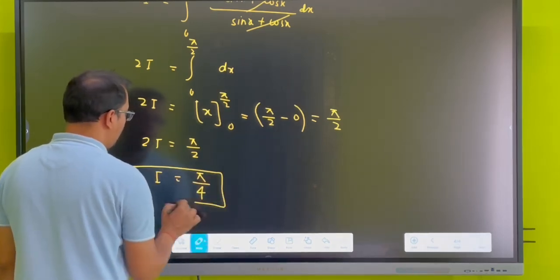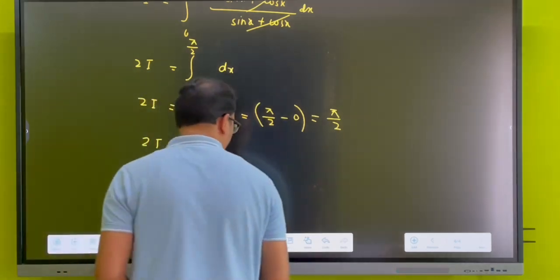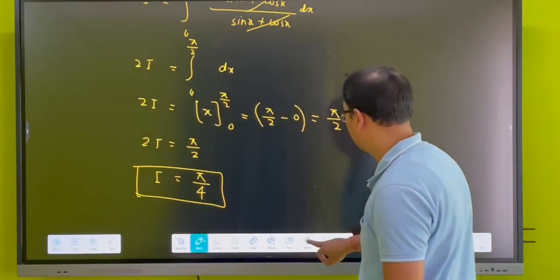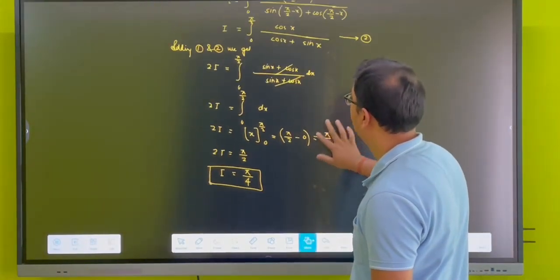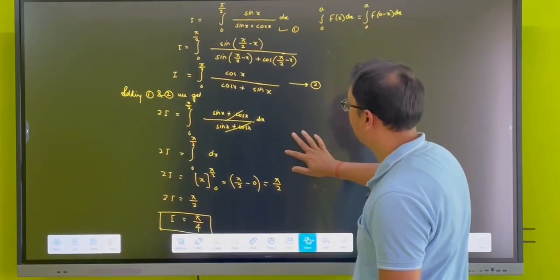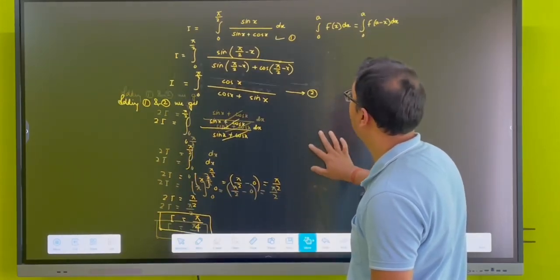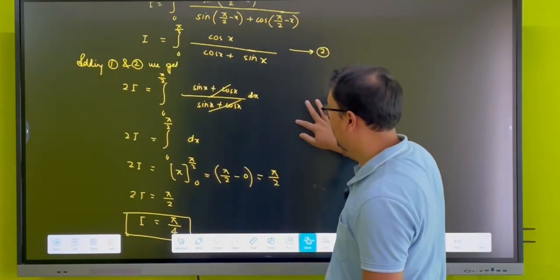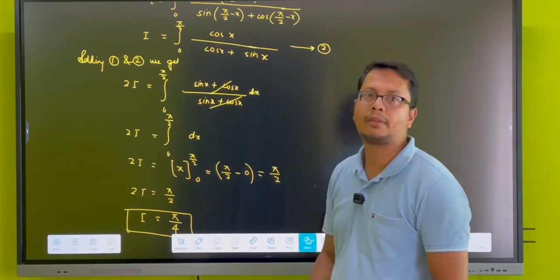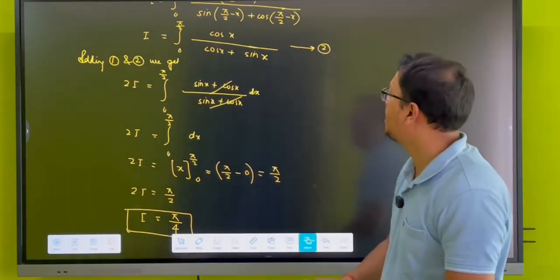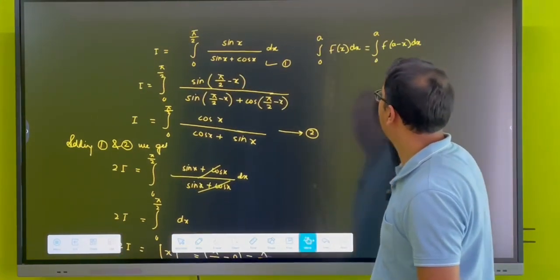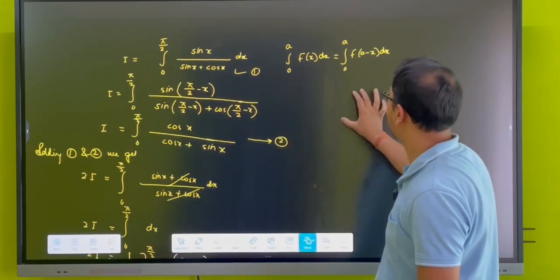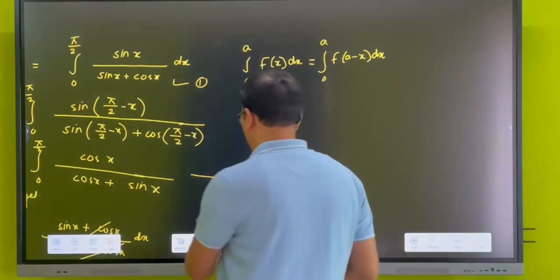So students, this is the answer for the above integral. Pi by 4 is our answer, and in this particular numerical we have used this property. This is a very important property.